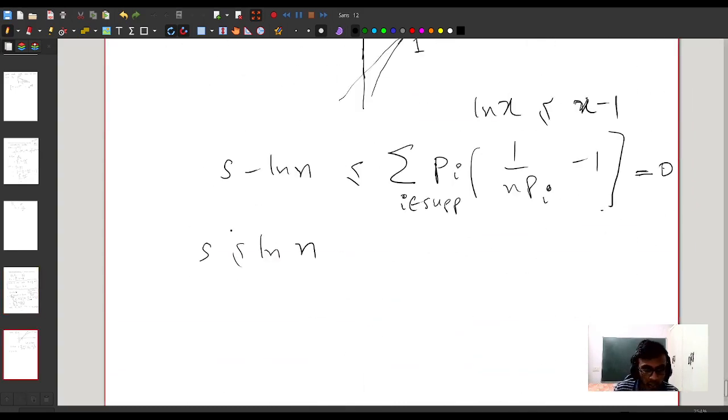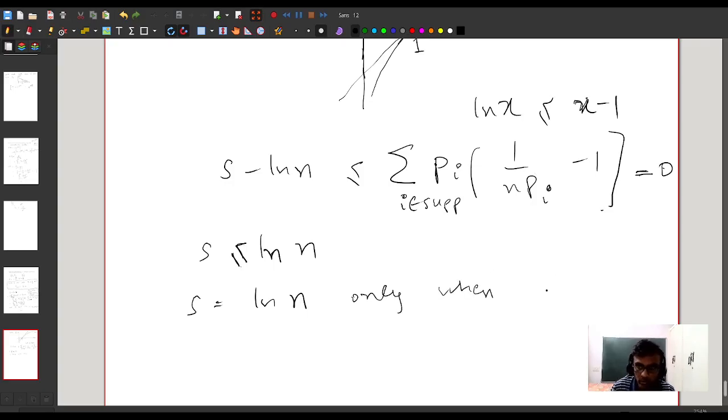So we have shown that the entropy cannot be more than ln n, and it can be equal to ln n only when 1 by n pi is equal to 1.